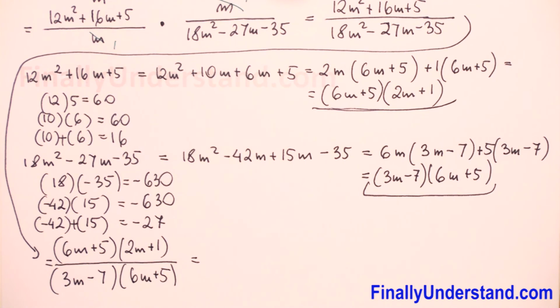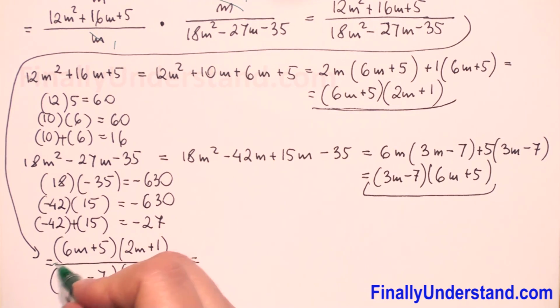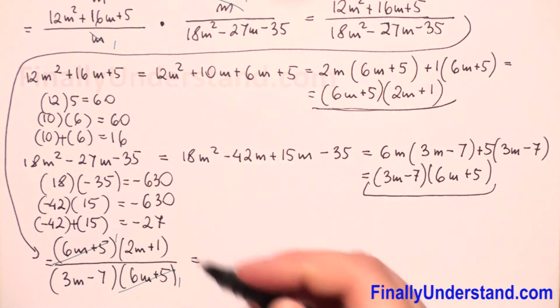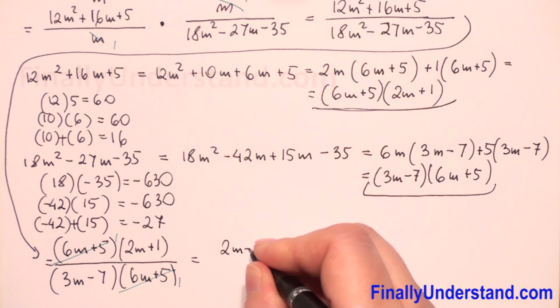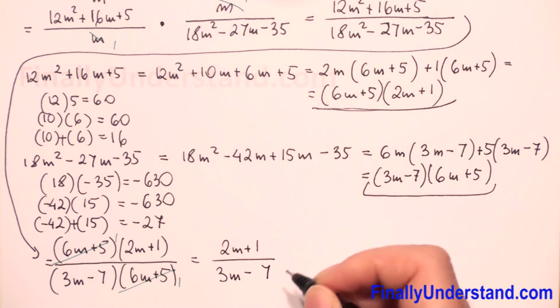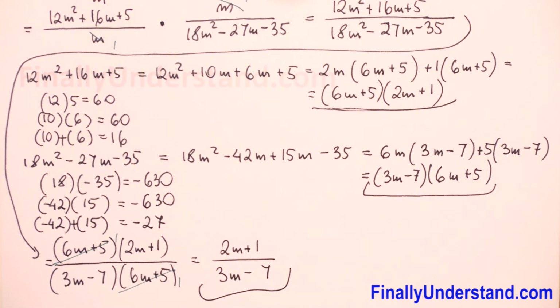We see that in parentheses we have like terms, 6m plus 5, so we can cancel out, it will be 1, and now 1 times 2m plus 1 is 2m plus 1, and 1 times 3m minus 7 is 3m minus 7. This is my solution.